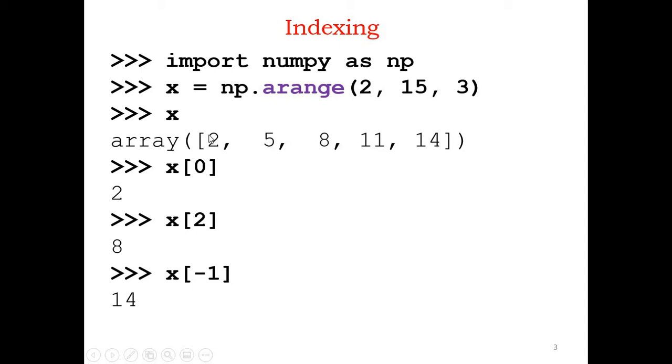So from left to right you count from 0, 1, 2, 3, 4, and also you can count from right to left. That means it will be minus 1, minus 2, minus 3, minus 4, minus 5. Why this way? Because you can think of this array as a strip which you can fold to make a ring like this.